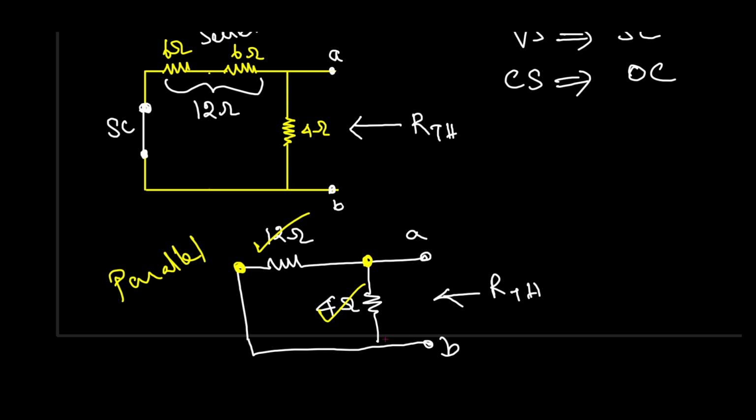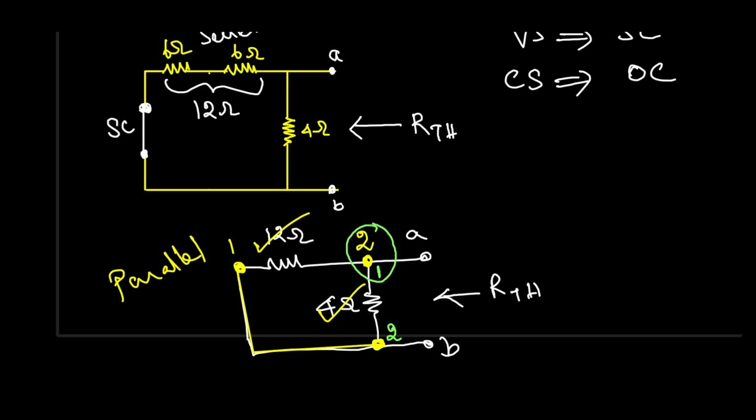And this end is connected to this next end, right? That's how actually we find out. So this is the first end of this 12 ohm resistance. This is the second end of this 12 ohm resistance. For the same, this is the first end of this 4 ohm resistance and this is the second end of this 4 ohm resistance.